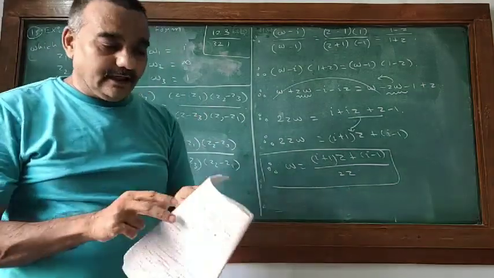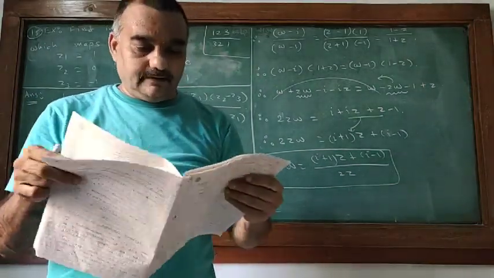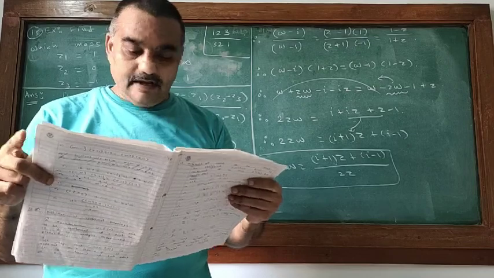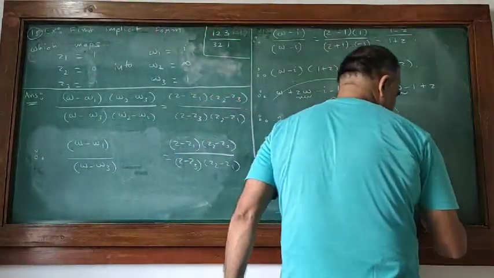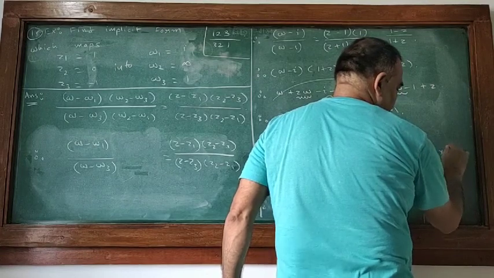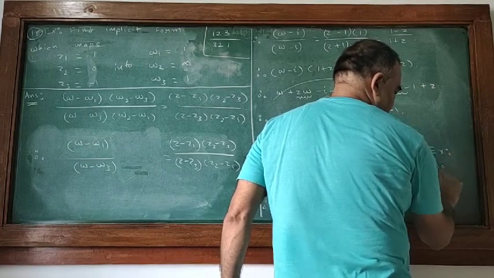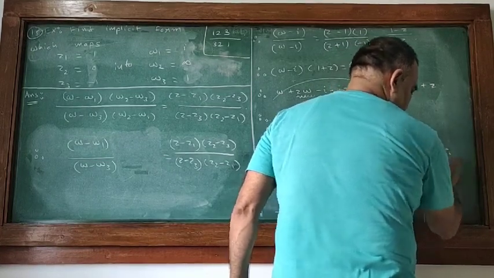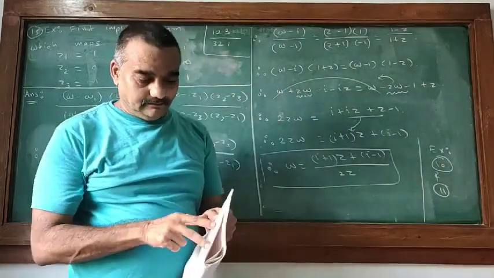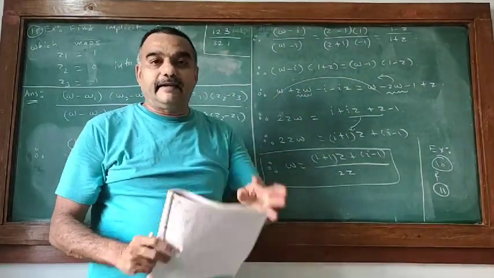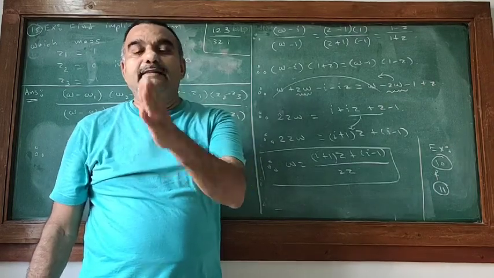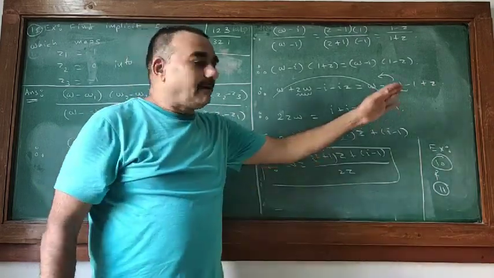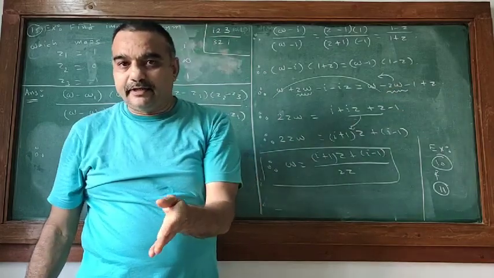Now if you see example numbers 10 and 11, in examples 10 and 11 we do the same sums by Mobius transformation.